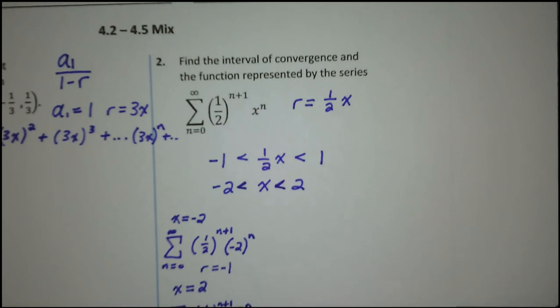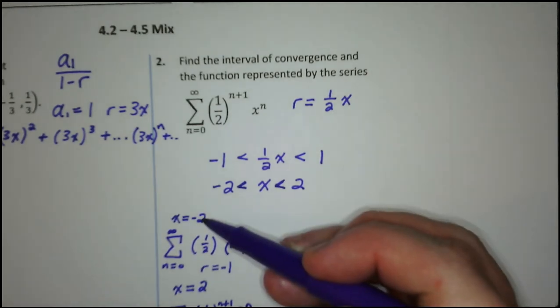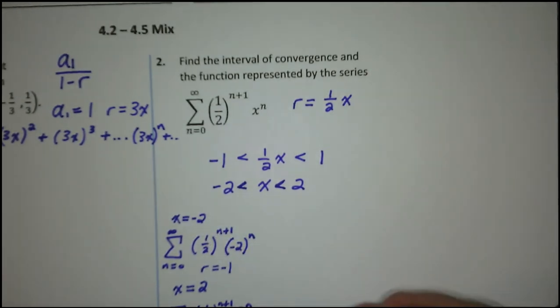And this is also geometric, and I'm pretty sure here that our overall R value would be +1. And based on that geometric test check, this would not converge. So it would not converge at exactly -2, and it would not converge at exactly x equaling +2.